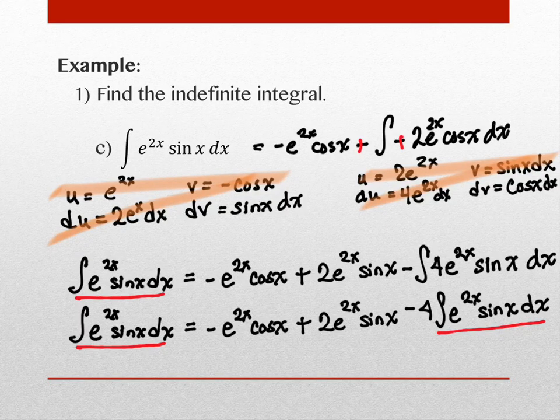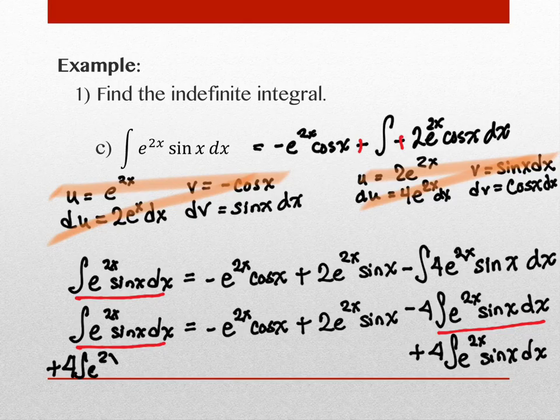What I'm going to do is solve for the integral of e to the 2x sine x dx. I mean, that's the goal, right? I want that piece on one side and something on the other side that has a closed form, that doesn't have any integrals in it. So what I can do is add 4 times the integral of e to the 2x sine x dx to both sides. Do I have space?